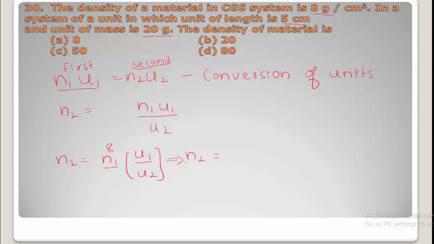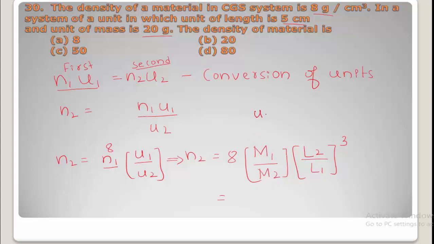So now we have to find the density of the material. So n1 is the density with value 8. Now we have to find the value of n2. So n2 becomes 8 into u1 by u2, which is the ratio of mass M1 by M2 and the length L2 by L1 cube.